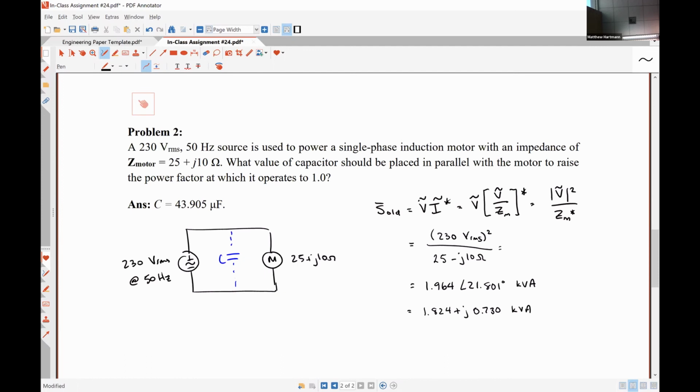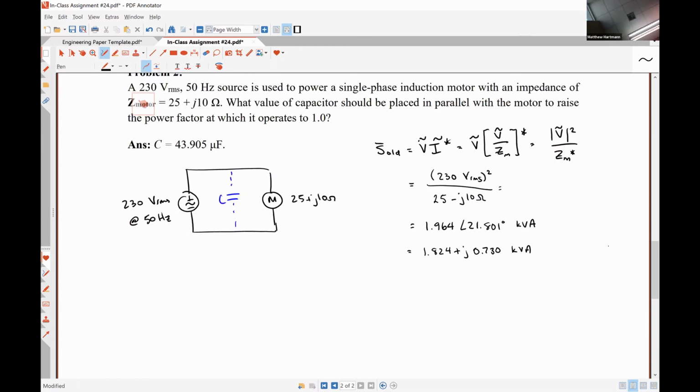Anybody have any idea? The inverse cosine of 1 is 0. So that means that the angle of the complex power is 0. So if I have a complex number, 10 angle 0 degrees, is that complex number purely real, purely imaginary, or neither? Purely real. Purely real, right?